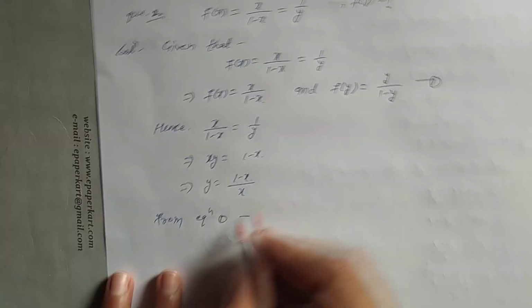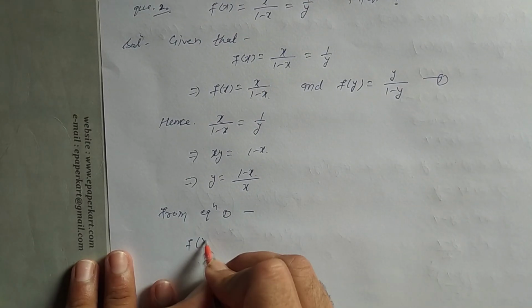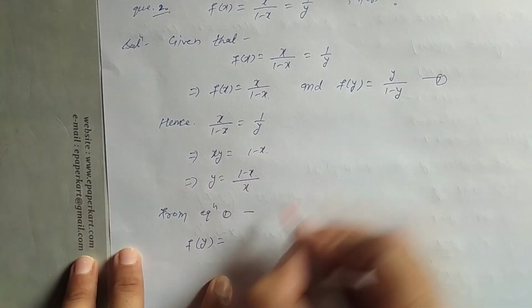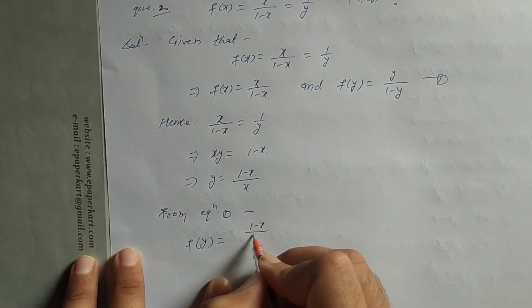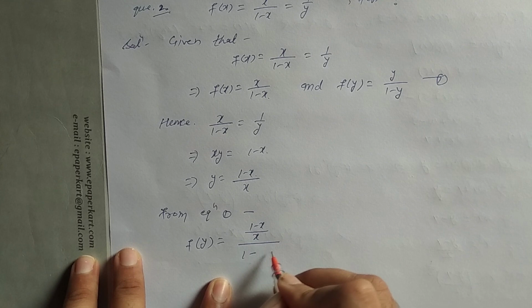From equation first, f of y is equal to ((1 minus x) by x) upon (1 minus (1 minus x) upon x).